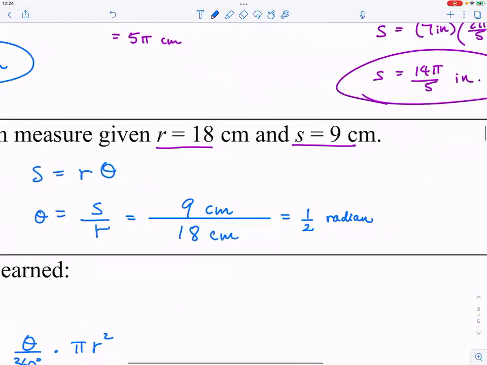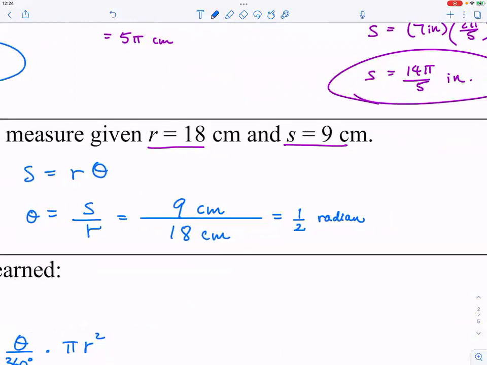Now, a couple of things I want to add over here. I hope you are really conceptualizing the idea of radian. I hope that when you read the information that the arc length is 9 and the radius is 18, you are actively creating a picture in your head. Because if not, that's pretty sad.